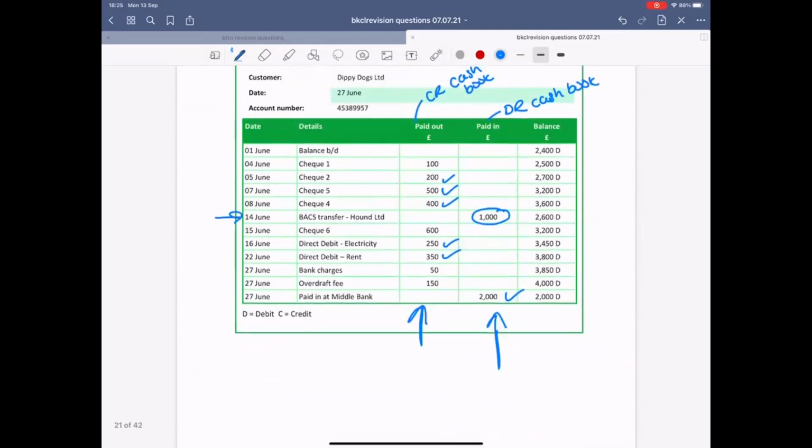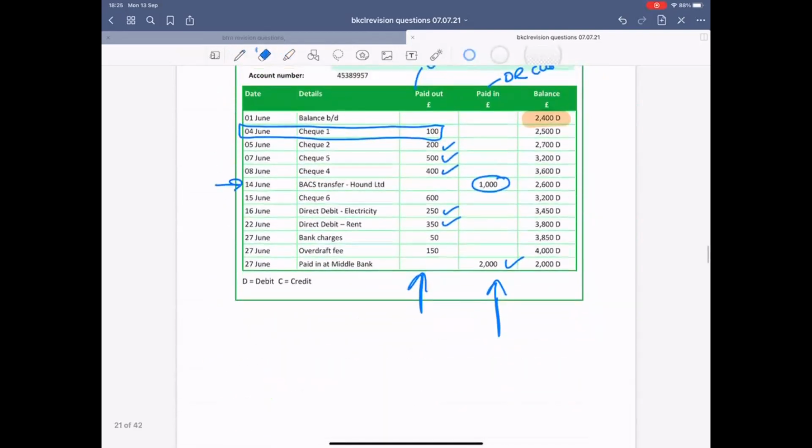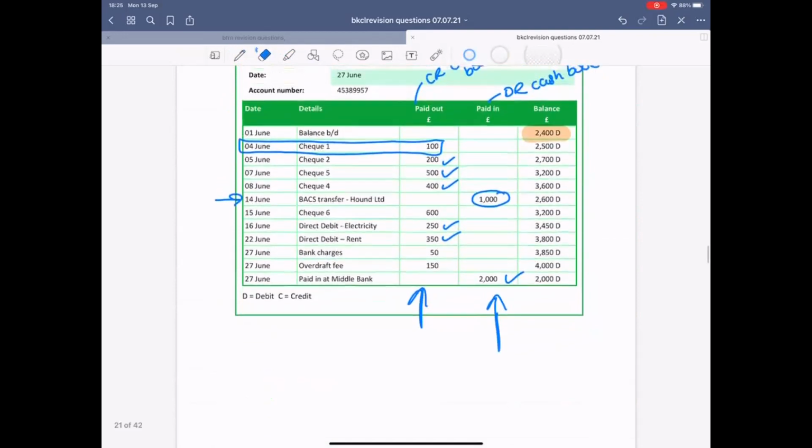So things that we haven't got. The only one that could be kind of causing us any problems is this check for 100. But really, if we look at this balance brought down here, we can see it was 2,400. Yet we've got a balance brought down here of 2,500. That's an overdraft. Remember, when we've got a debit, that's our overdraft balance.